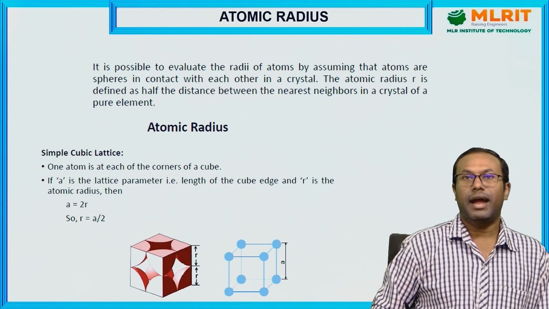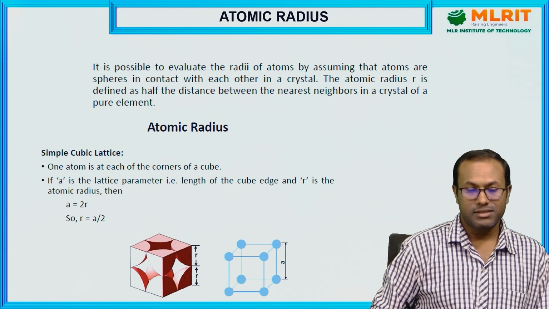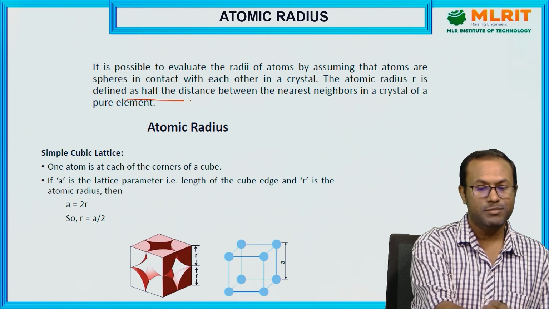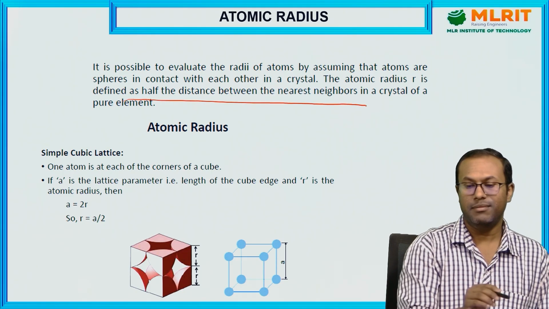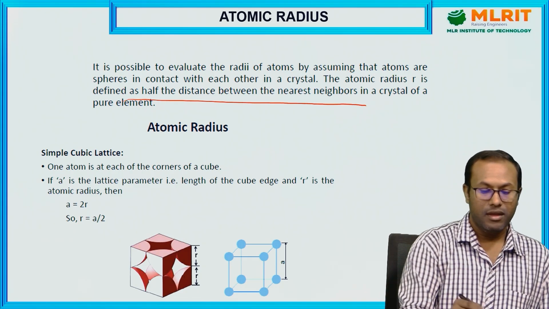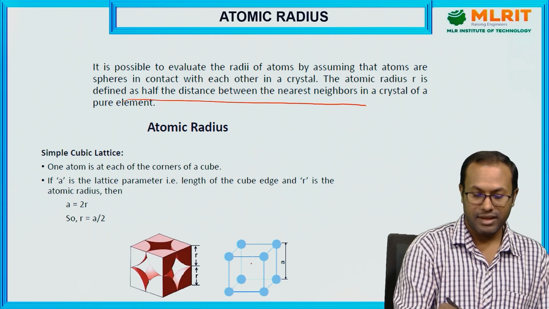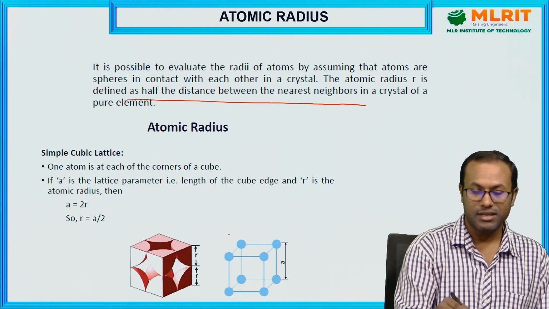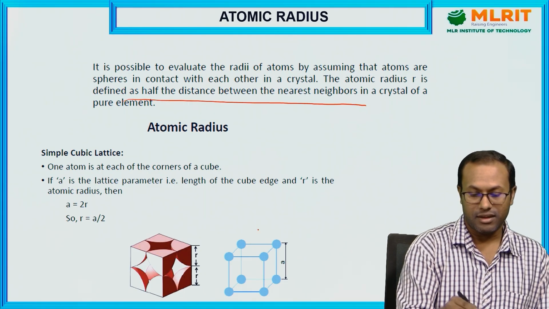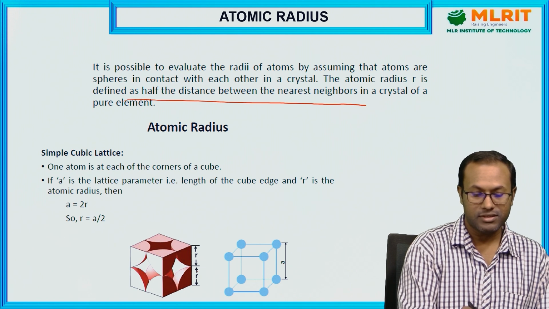Now coming to the atomic radius. Atomic radius is defined as half the distance between the nearest neighbors in a crystal. There are 8 corner atoms, which you can imagine as 8 spheres, and one sphere touches another sphere.